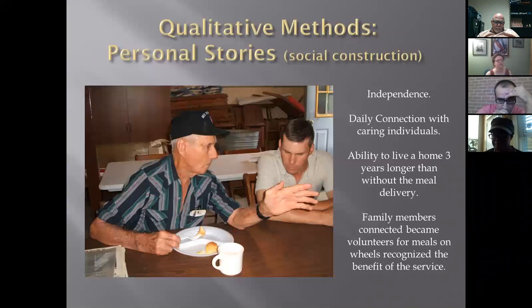But because of what other family members saw, they began volunteering for Meals on Wheels and taking meals out to other people because they saw the importance of it. So it's finding those stories that helps when you're looking at a charity, to use that qualitative method in the information that you're sharing with others.